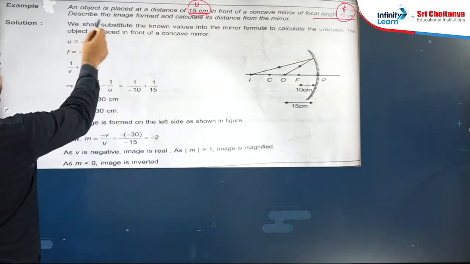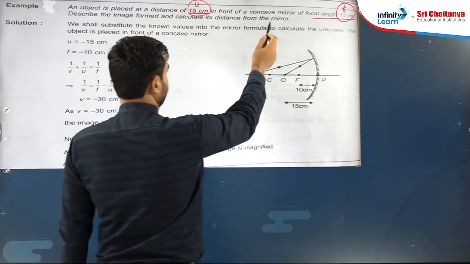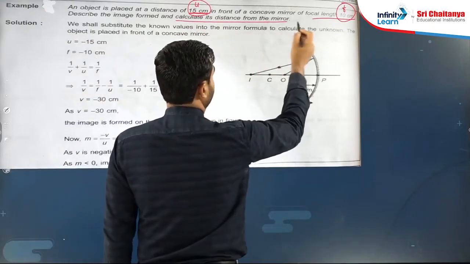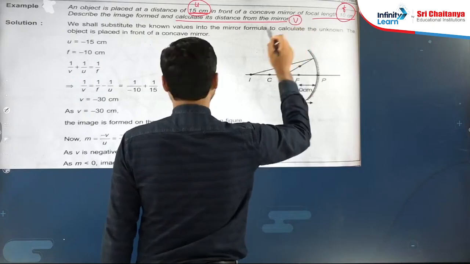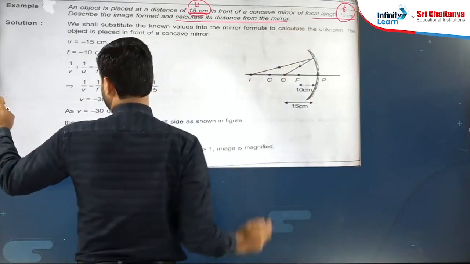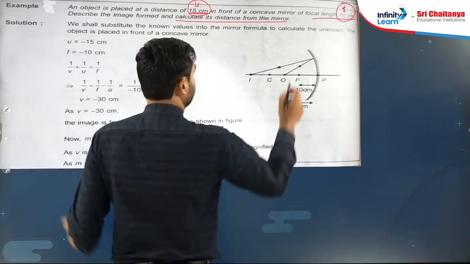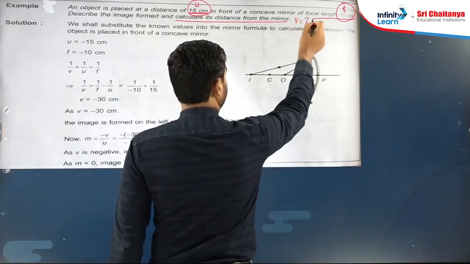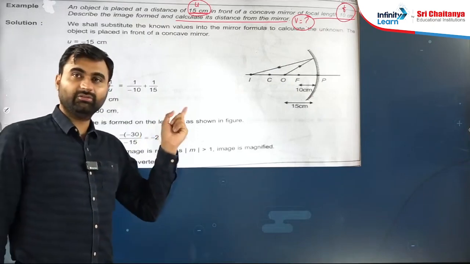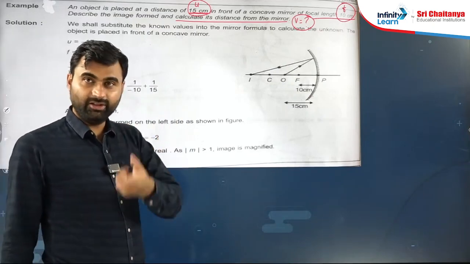Describe the image formed and calculate the distance of the image from the mirror. So what do we have to find out? V. U is given, F is given, V we have to find out.